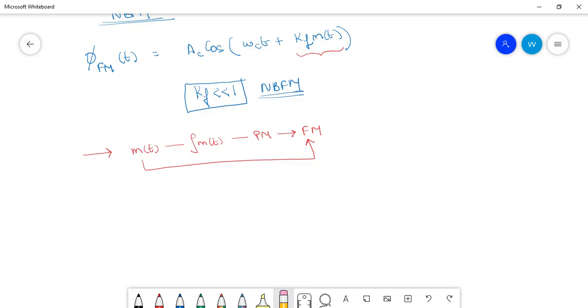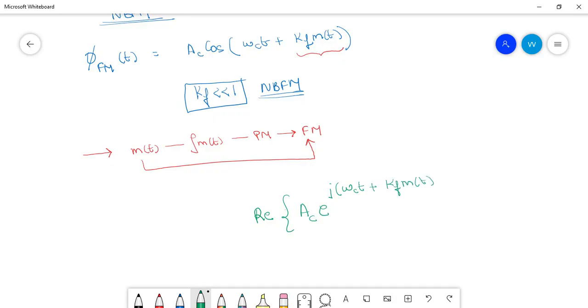So let us first write this in a phasor notation. This same thing I can write as the real part of Ac e to the power j(omega_c t plus kf times m(t)).